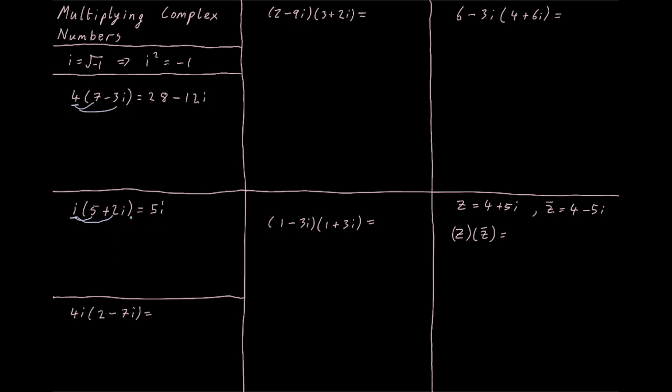And i times 2i would be 2 times i times i, so that would be 2i squared. But i squared is -1 because i is the square root of -1. So now I need to do that substitution.